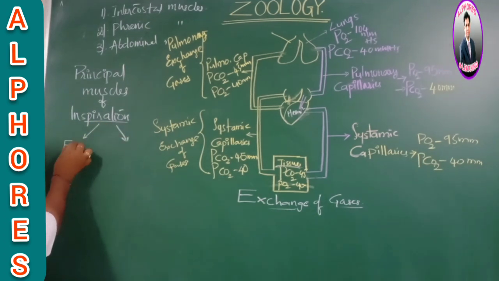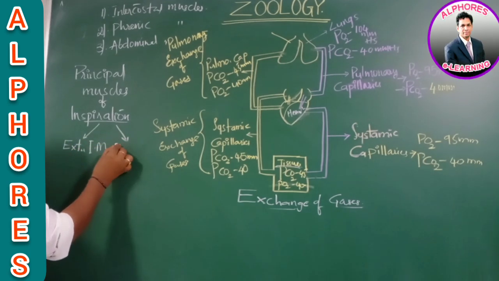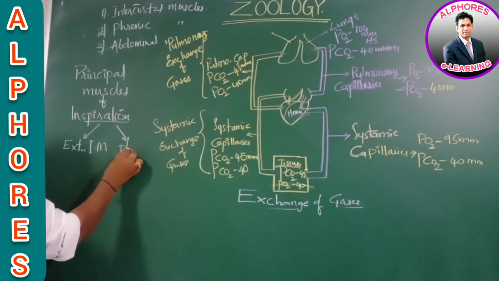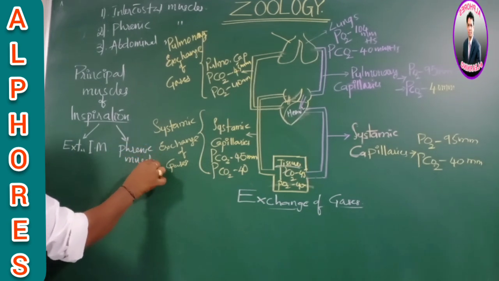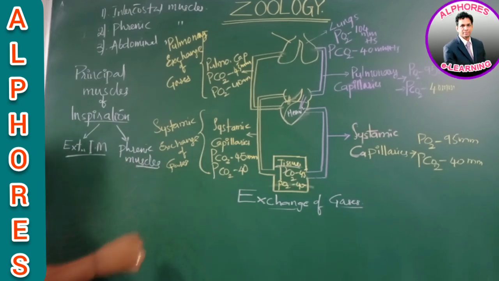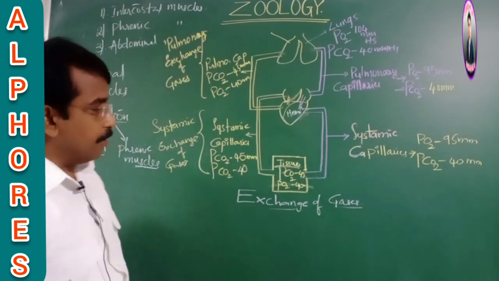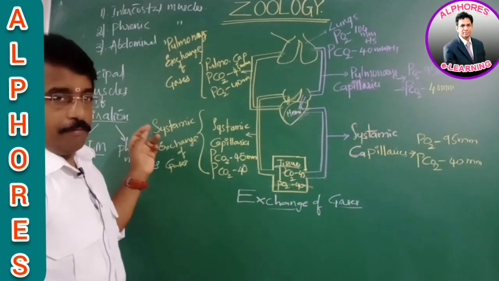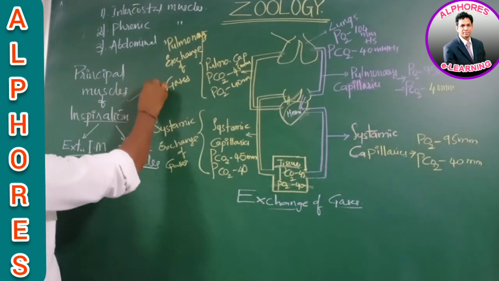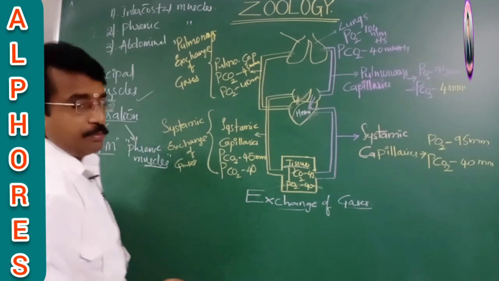The external intercostal muscles and the phrenic muscles are said to be the principal muscles of inspiration.